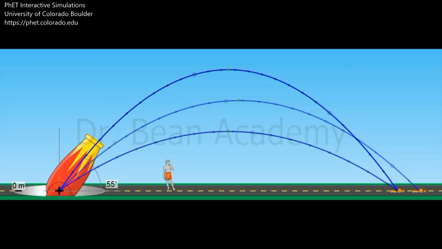So here is a question. Does it matter if you choose any of these two angles? For example, you want to hit something at this place, so you have the choice. You can either choose 35 degrees or you can choose 55 degrees. My question is, is it the same? I can give you a clue.